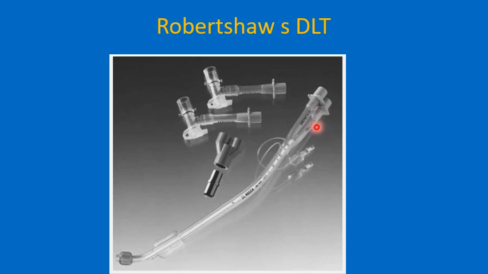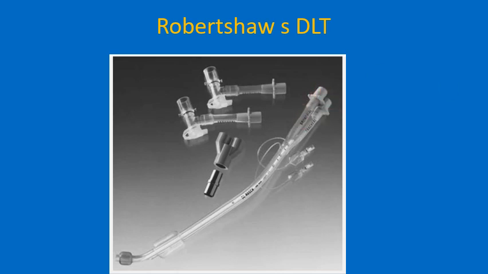The tracheal lumen is white and the bronchial lumen is blue, and even the pilot balloons are color coded, blue for bronchial and white for tracheal. Here this is the tracheal cuff, this is the bronchial cuff, and these are the connectors which we use to attach to this double lumen tube.